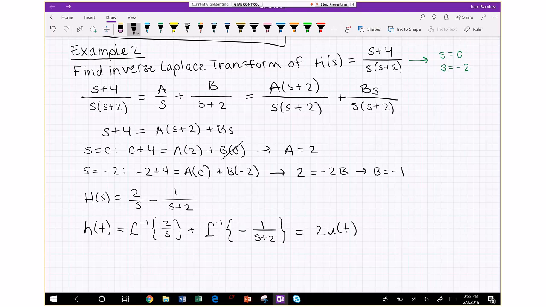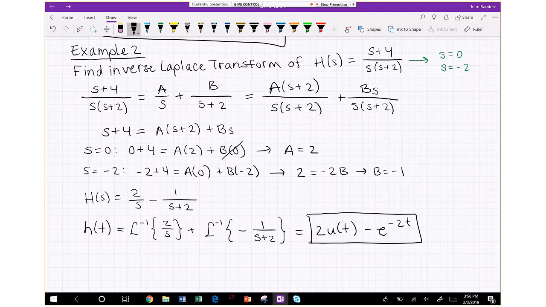The second one has the form 1 over s plus a, which will give us e to the negative at. So it'll be e to the negative 2t. But we have a minus there, so that minus carries as well. And that will be our inverse Laplace transform.